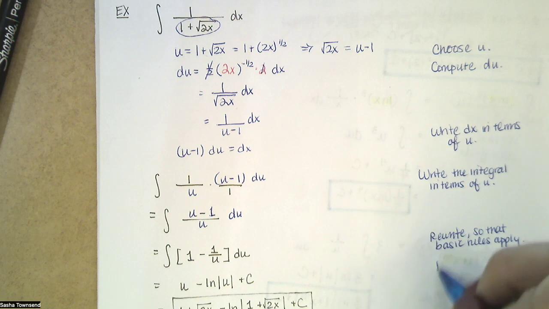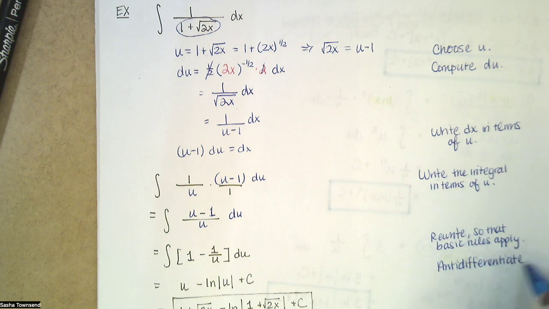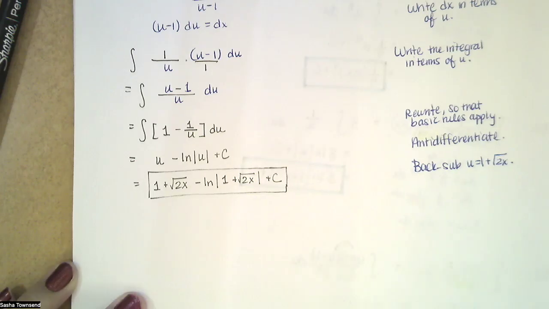Then we compute the antiderivative or antidifferentiate. And finally, we back substitute. All right, that's that.